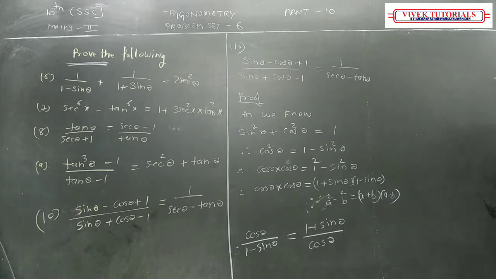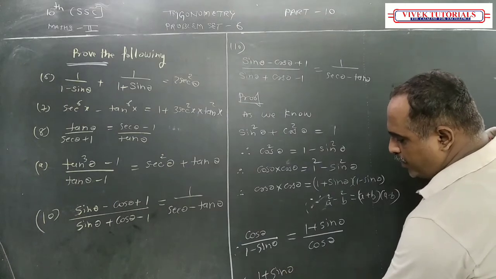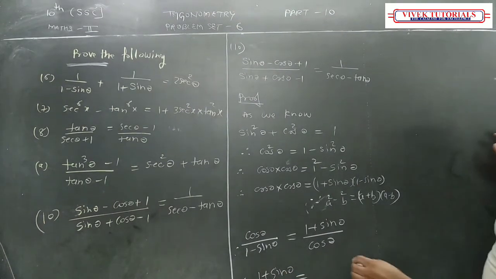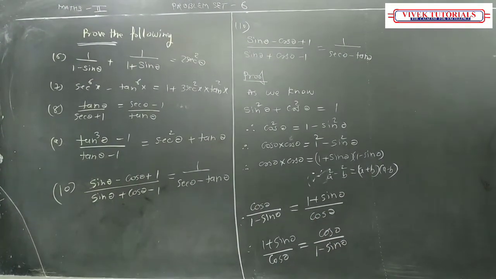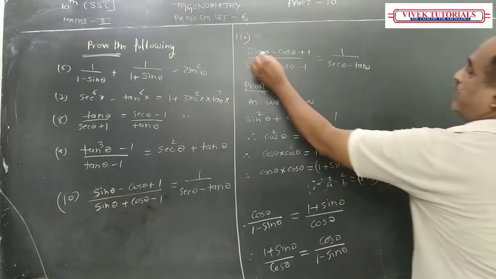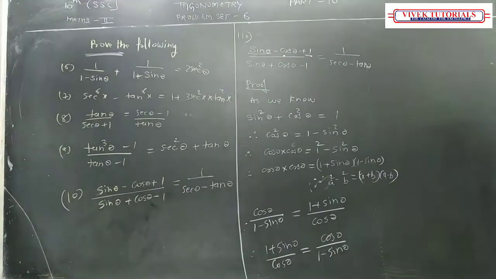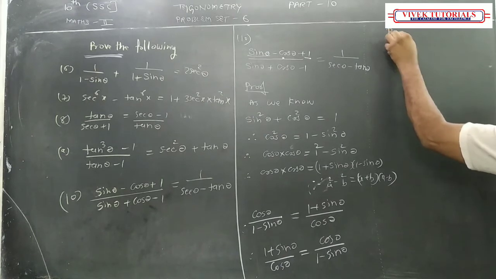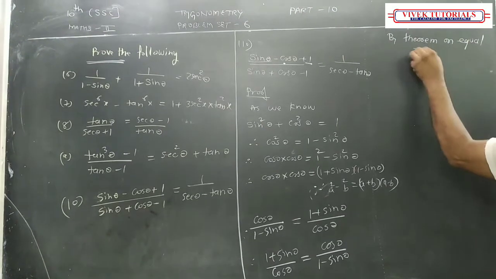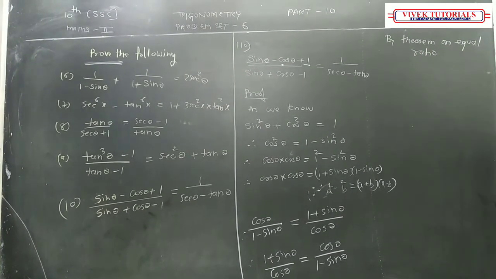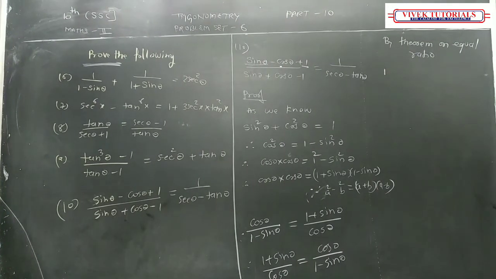So I can write 1 plus sin theta upon cos theta is equal to cos theta upon 1 minus sin theta. Because here what do we require? Sin theta plus 1 is there, but we require minus cos theta. So by the theorem on equal ratio, now we are going to subtract it.